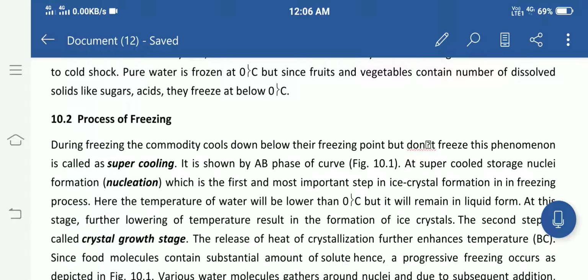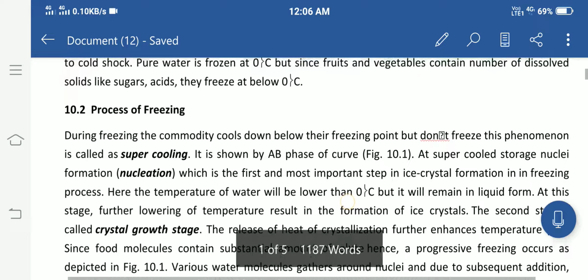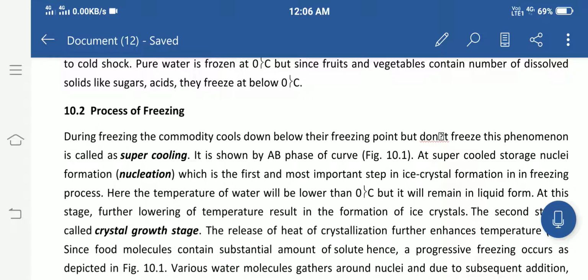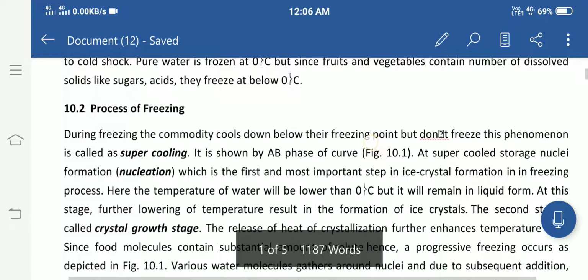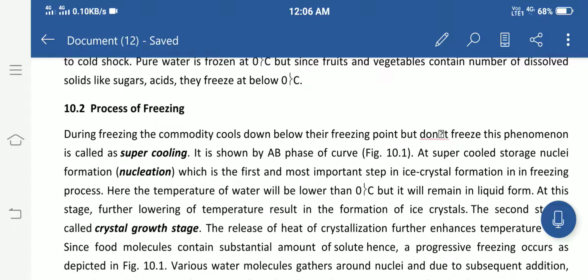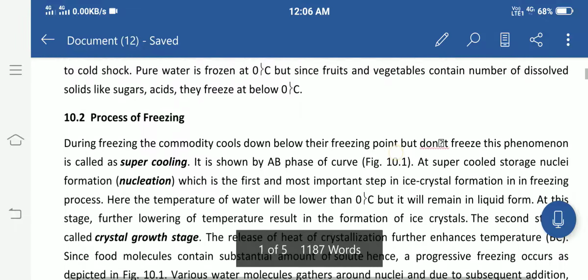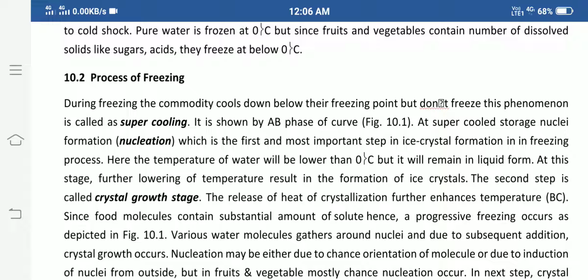But when sugar or any other solid is there, it interferes with the chemical structure of the water, and this disturbance in the structure delays the freezing phenomena. Now, process of freezing.